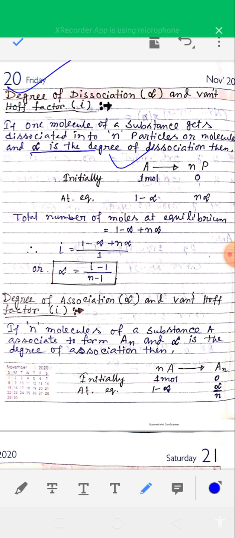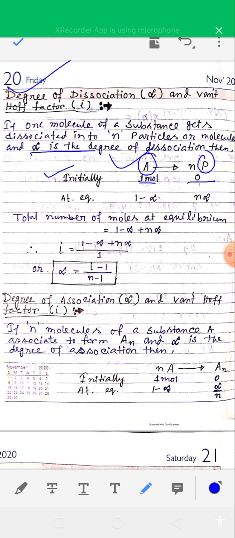A is the starting substance which dissociates into n number of particles. 1 mole A dissociates into n moles P, and suppose the initial concentration of A is 1 mole, and initially the number of particles is 0.